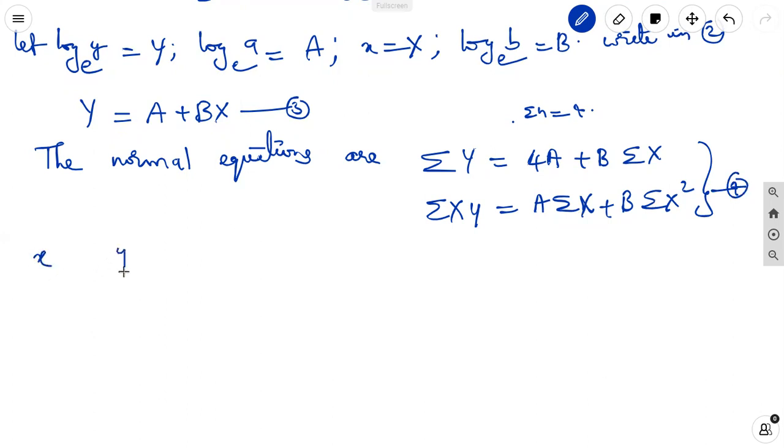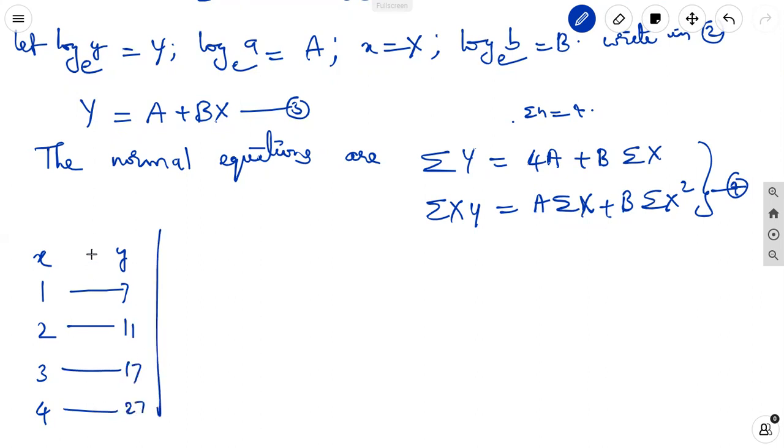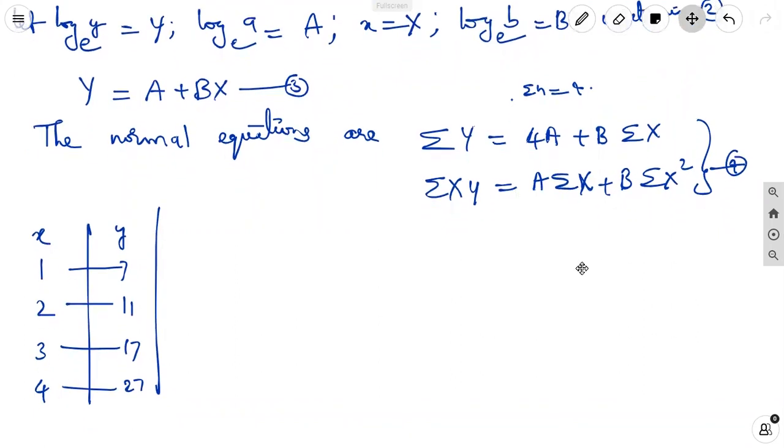Small x, small y: x is 1, 2, 3, 4, and y values are 7, 11, 17, 27. Find the log of small x, equal to capital X only.